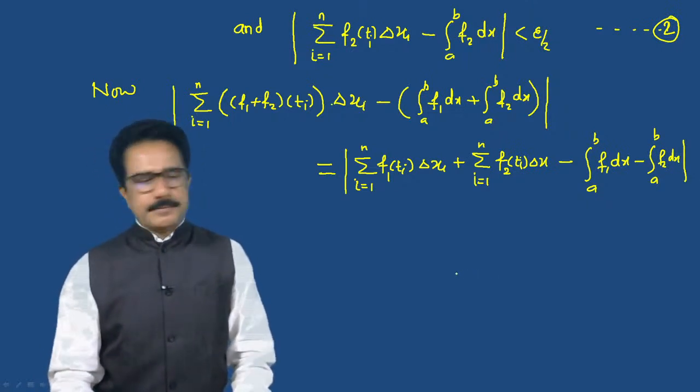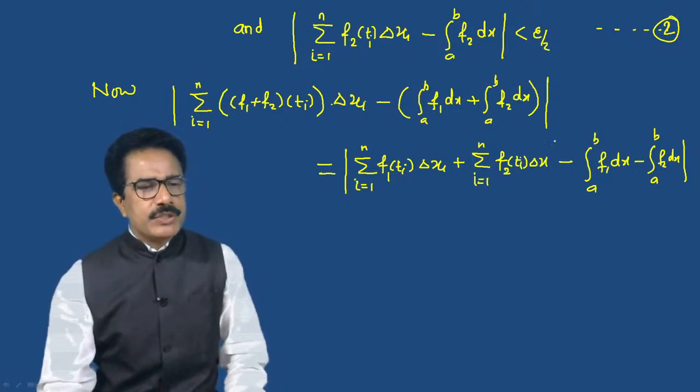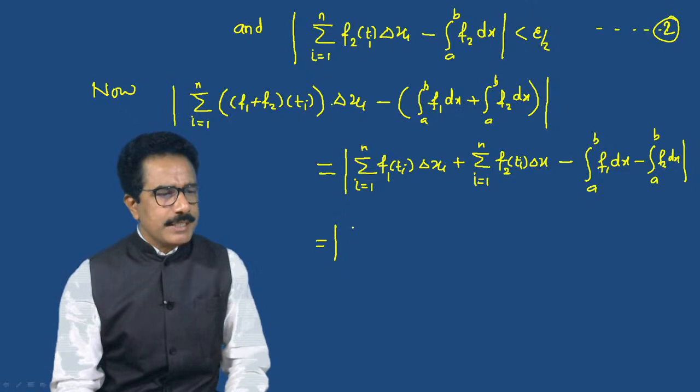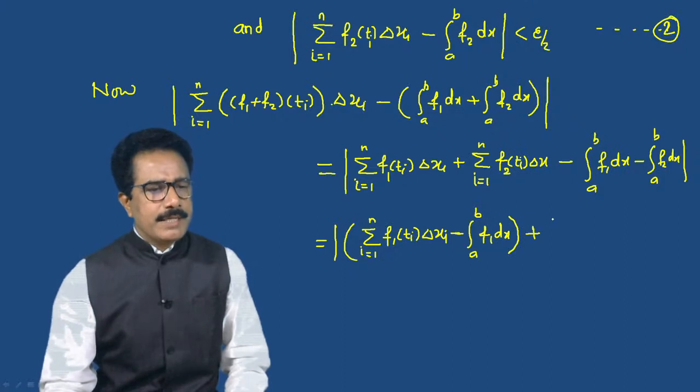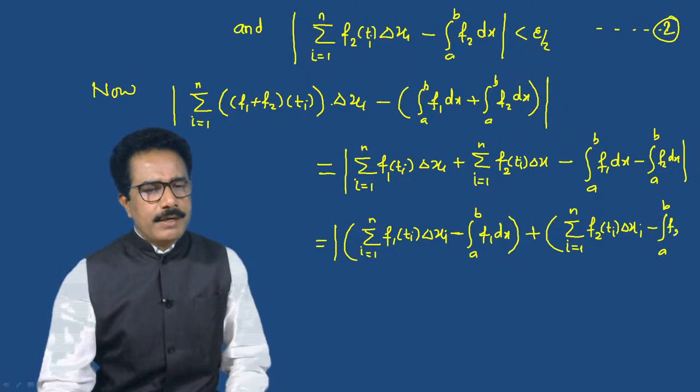Now we take these terms in brackets: summation i equals 1 to n f1 of ti into delta xi minus integral from a to b f1 dx, bracket close, plus summation i equals 1 to n f2 of ti into delta xi minus integral from a to b f2 dx.